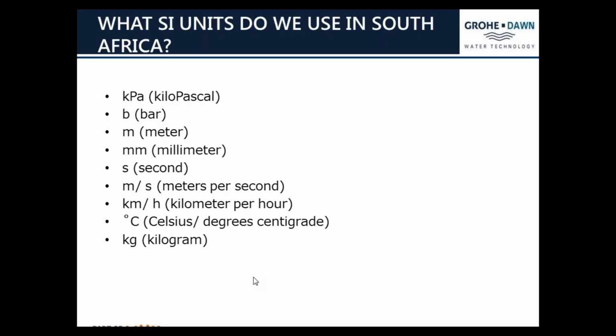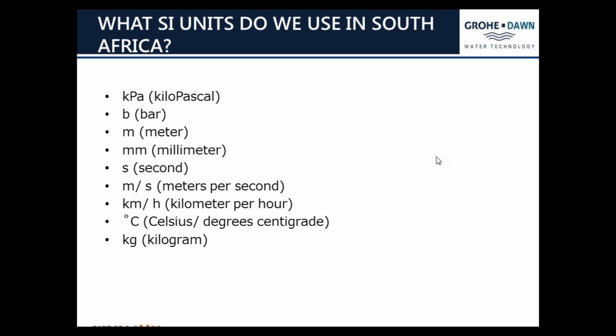Okay, the SI units we use in South Africa, and all of these might be a heck of a lot more recognizable to all of you and myself included, as opposed to the Kelvins and the Candelas and the moles and so forth. In the plumbing industry, we would have a look at the kilopascal, kPa, abbreviation. B for bar.